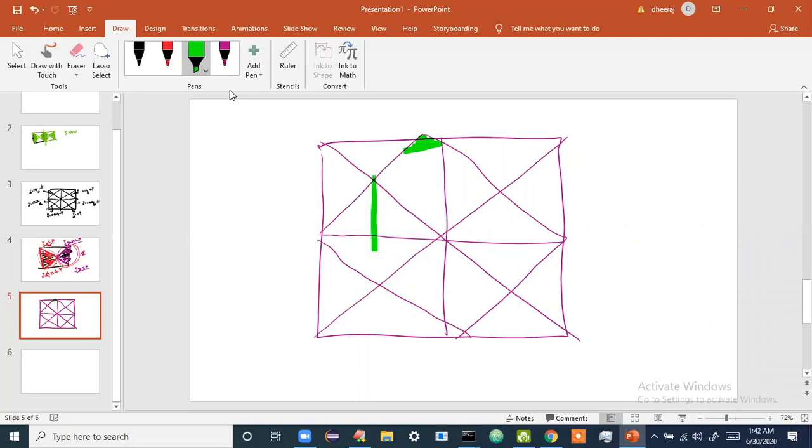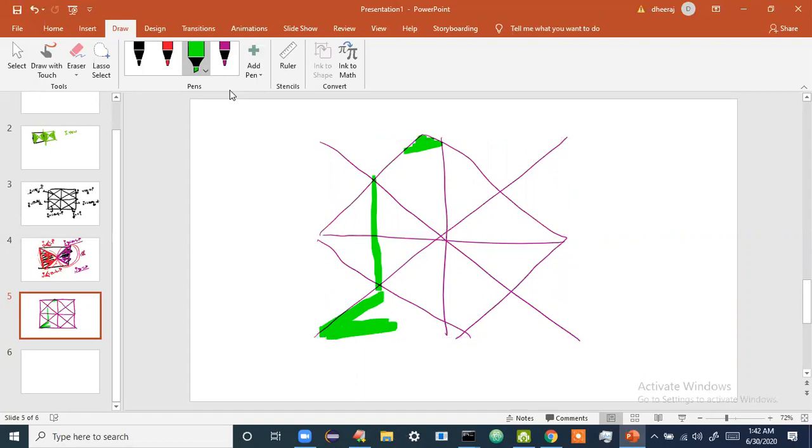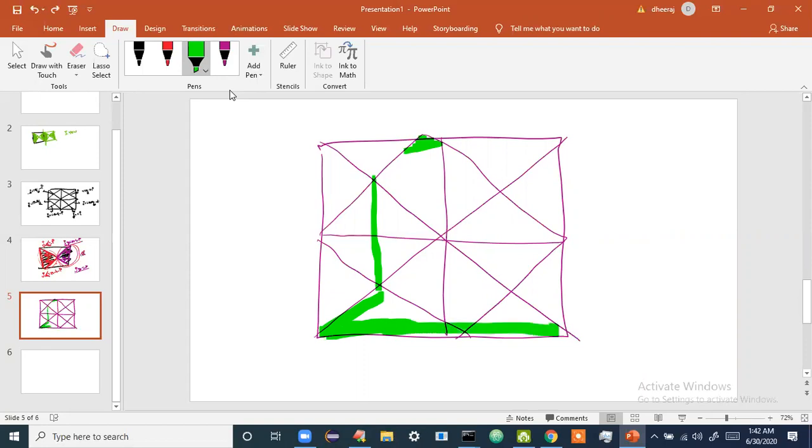So this is the line. So this is the rocket which we have to draw now.